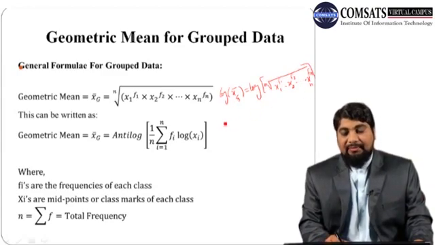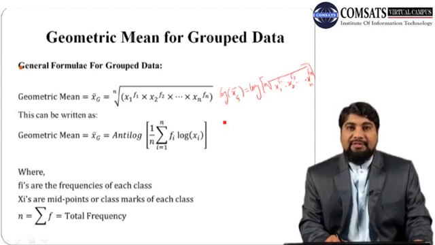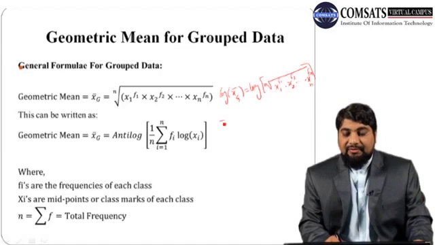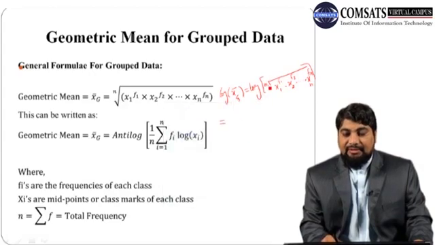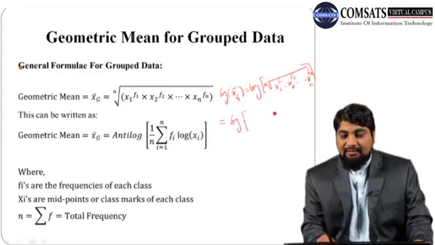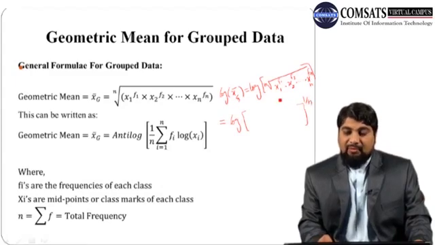So now we have to use rules of logarithm to simplify the expression on the right hand side. So in first step we can write this nth root as power 1 over n. So log as it is.